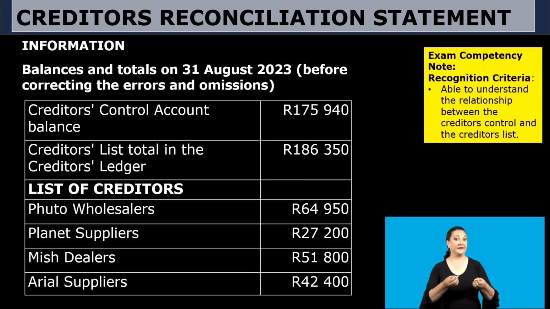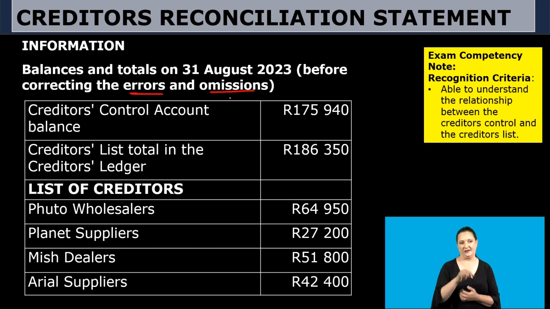What we are given here is balances and totals on 31 August 2023 before correcting errors and omissions. The creditors control account balance is 175,940 and the creditors list total in the creditors ledger is 186,350. You can see that these amounts are not the same.